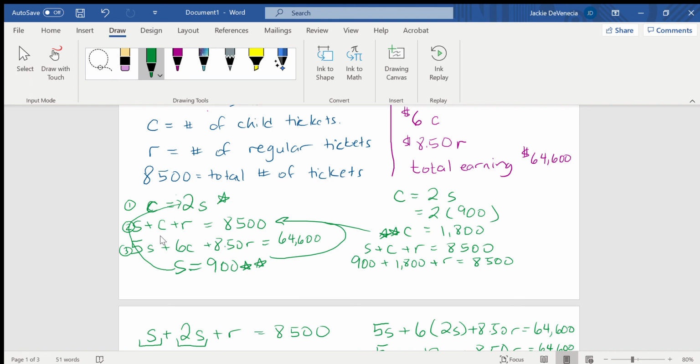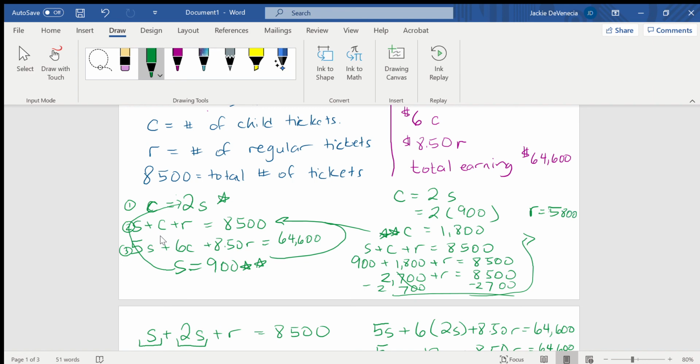So then this will give us 2,700 plus R is equal to 8,500. We just have to subtract 2,700 on both sides. And then your R, the regular tickets, would be 8,500 minus 2,700, 5,800.